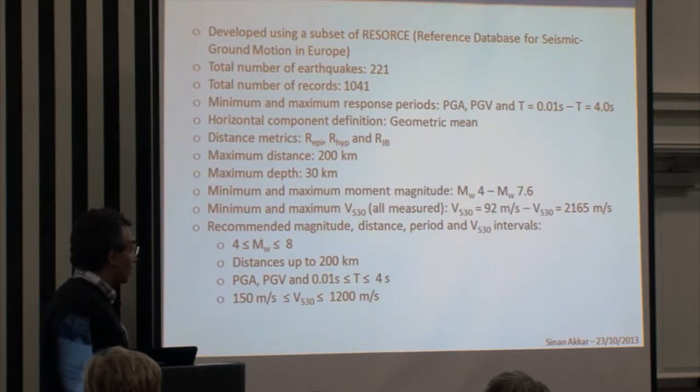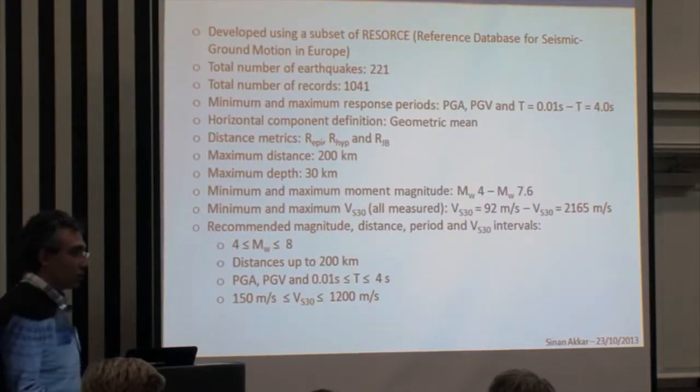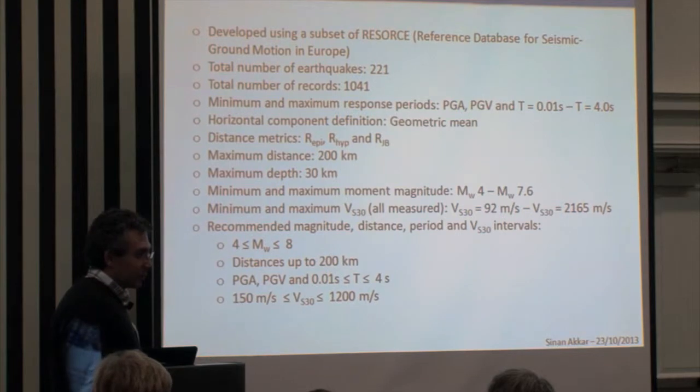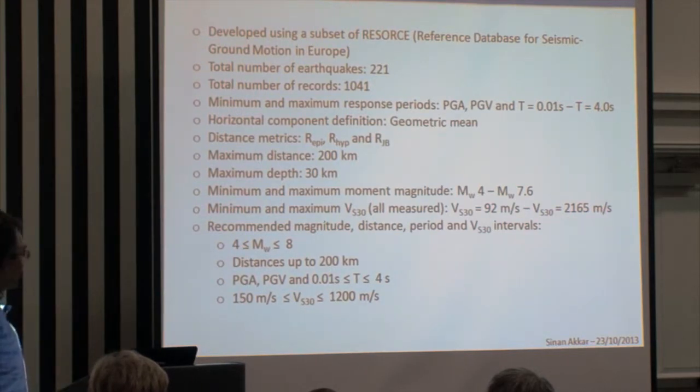The maximum distance is 200 kilometers. The maximum depth is 30 kilometers. Minimum and maximum magnitude values in the database we used are between 4 and 7.6, and the minimum and maximum VS30 values are 92 meters per second to 2,165 meters per second. But I would say that this 2,000 meters per second, it is 2 kilometers, we're not essentially recommending it as part of our recommended VS30 values.